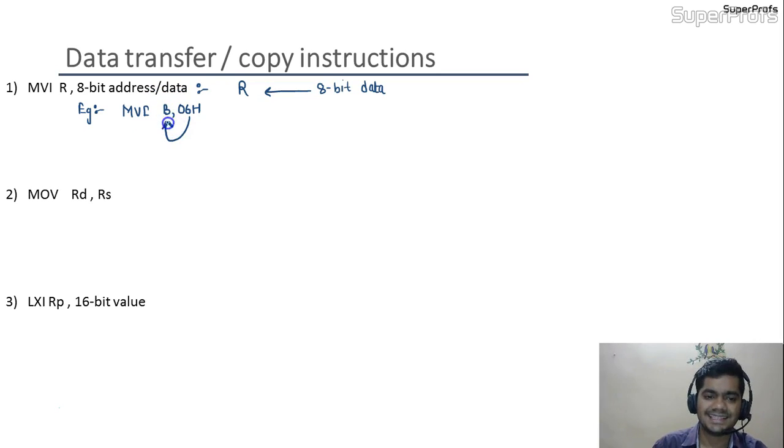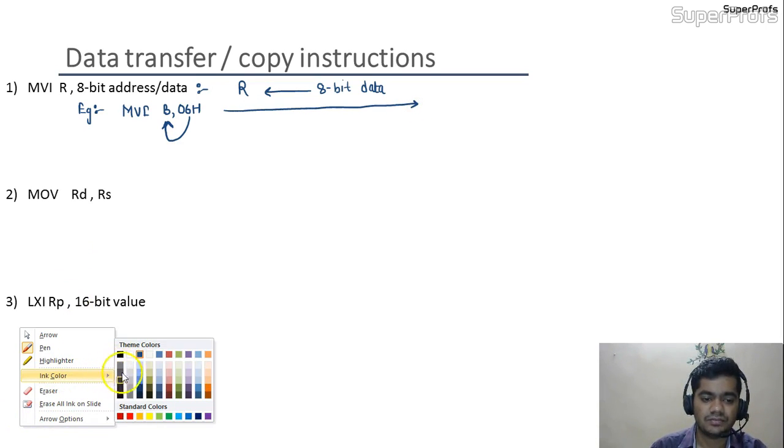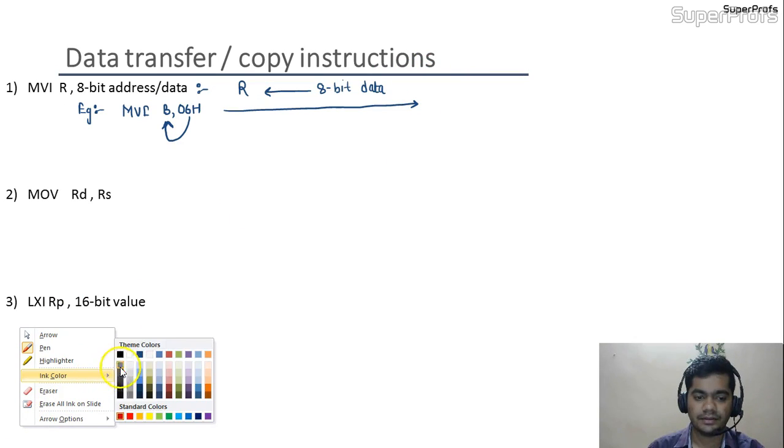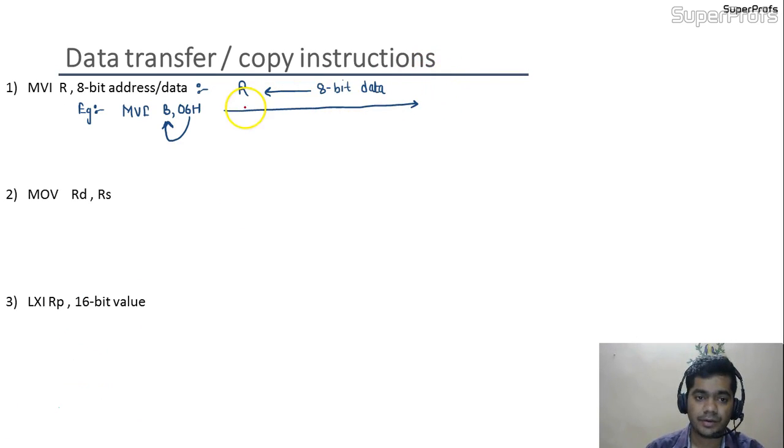By seeing this instruction, we should be in a position to comment on the machine cycles, number of bytes, and number of T states required by this instruction. The bytes requirement is 2 because there is 8-bit data present, and with the help of bytes we know that a minimum of 2 machine cycles are required.